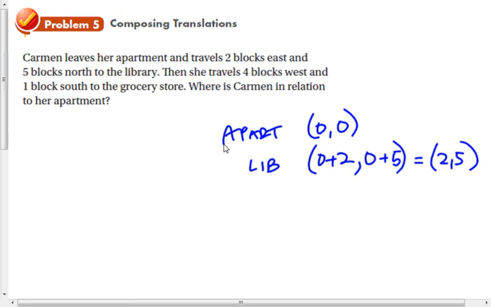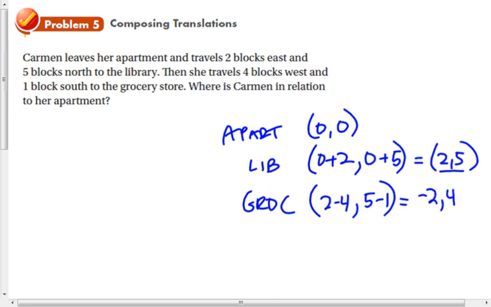And then to get to the grocery store, we're going to go from our 2, and it says she travels 4 blocks west. West would be to the left, so that'd be a minus on the x coordinate. And then 1 block south, that would be -1 on the y coordinate. And so now she's at -2, 4.